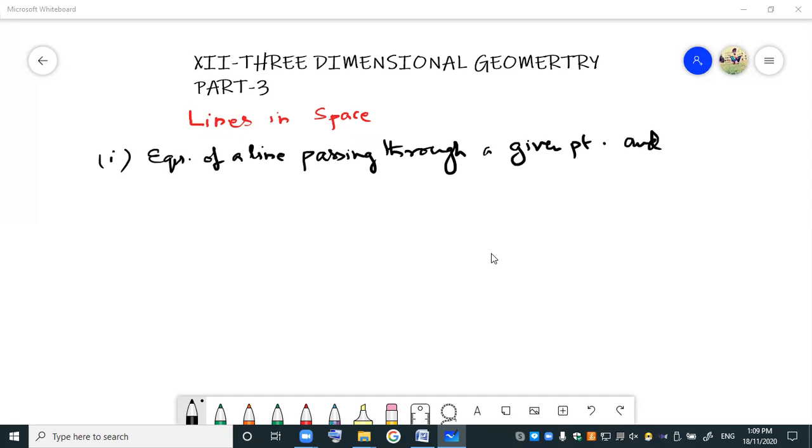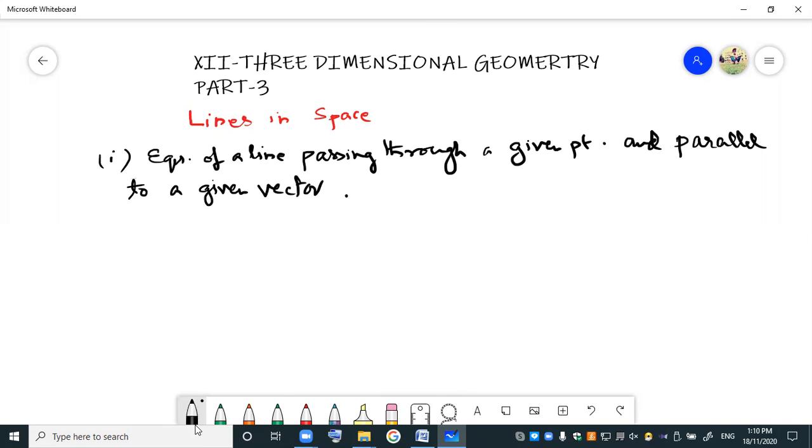So the equation of a line through a given point and parallel to a given vector. Parallel to a given vector. Okay.